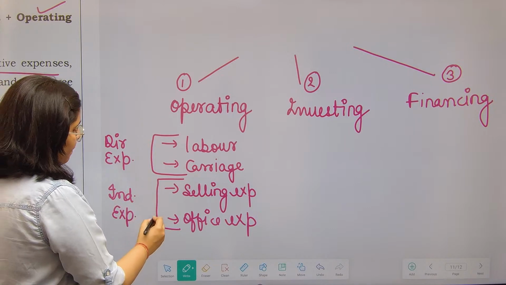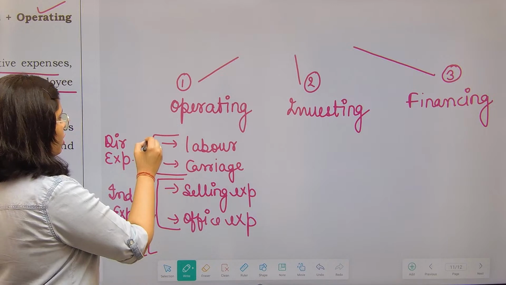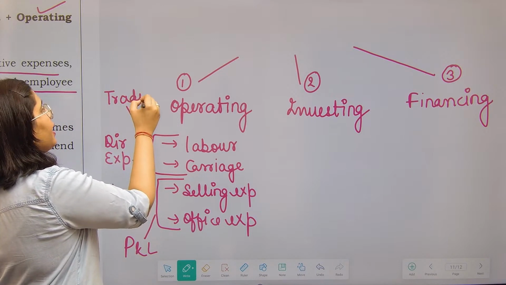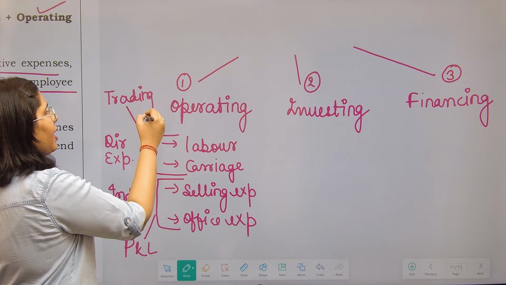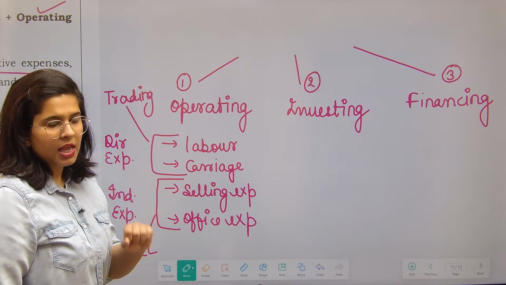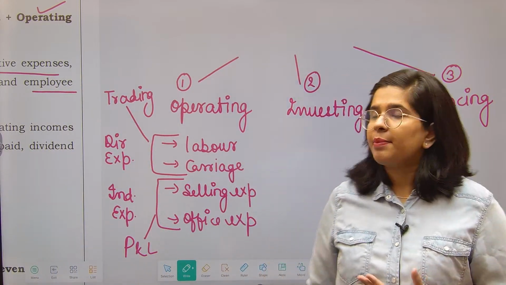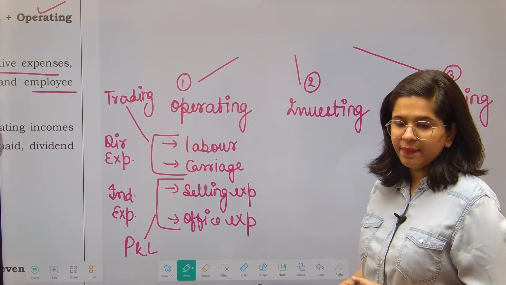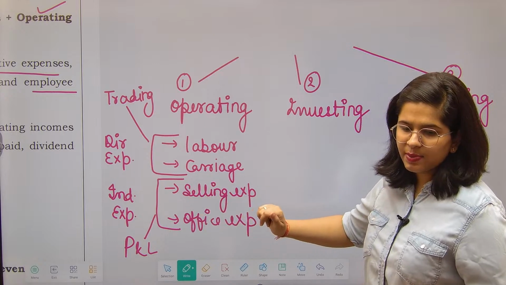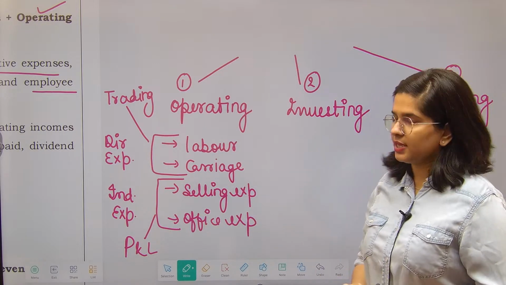They are shown in the P&L. Where are these shown? In the Profit and Loss account. Where are these shown? In the Trading account. But at the end of the day, all four are called operating expenses. So I hope that you will not have any confusion between the treatment. Fine. You know that these are direct expenses, these are indirect expenses, but together they are called operating expenses.